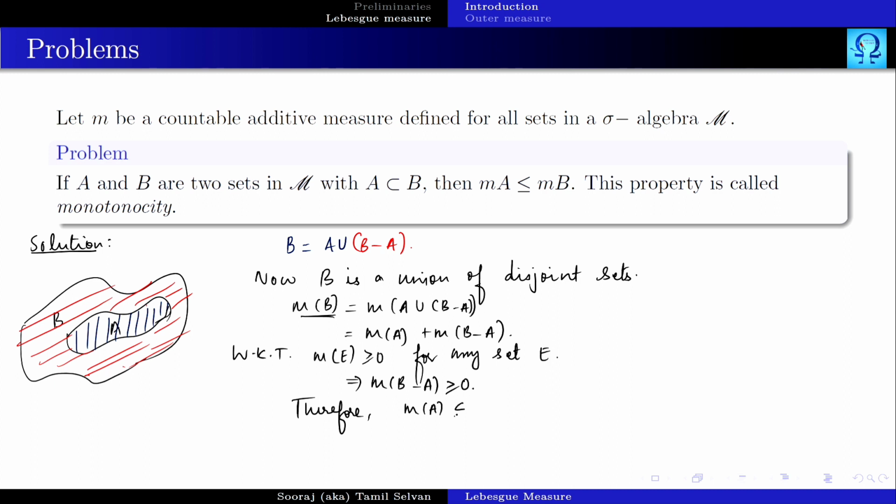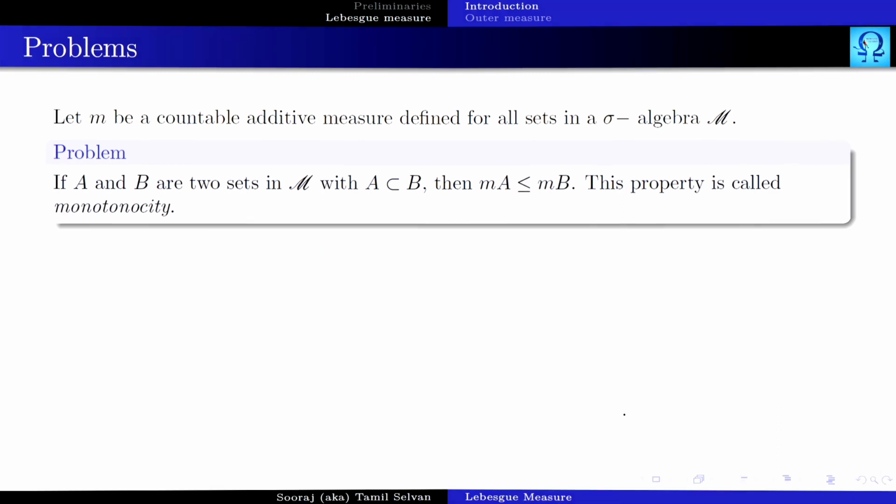Therefore, m of A is smaller than or equal to m of B. From this, you may write m of B minus A plus m of A. Here you are just adding a non-negative quantity, so the inequality remains the same. Therefore, you can write m of B is bigger than or equal to m of A. This is the same as m of A is smaller than or equal to m of B. This completes the problem.